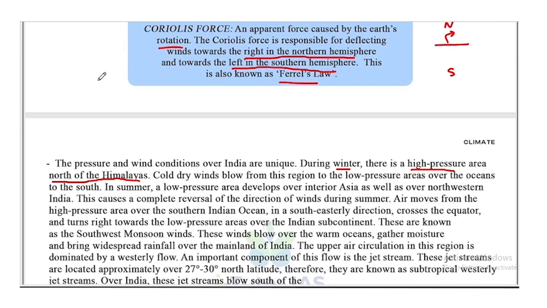Look at this picture. This is India. Here are the Himalayas, and north of the Himalayas, this area has a high pressure area. Here are the Bay of Bengal, Indian Ocean and Arabian Sea.